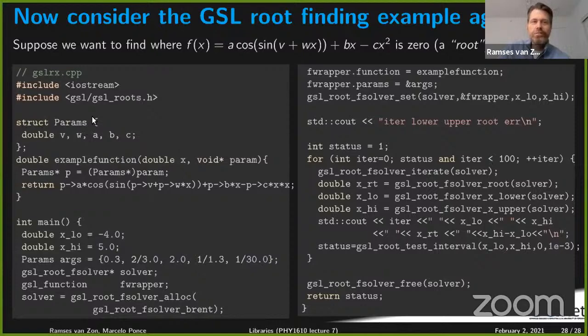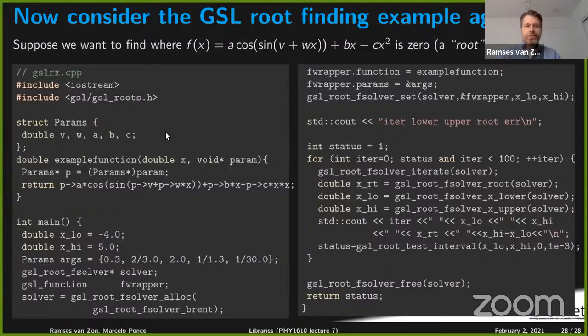So there's a struct of parameters, and all it does is collect together these 5 parameters. Now, it has to be a struct, not a class, because C doesn't know classes. So it's just a plain struct that combines these 5 values.